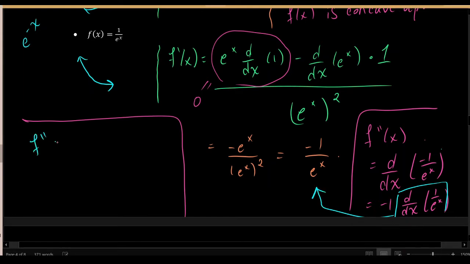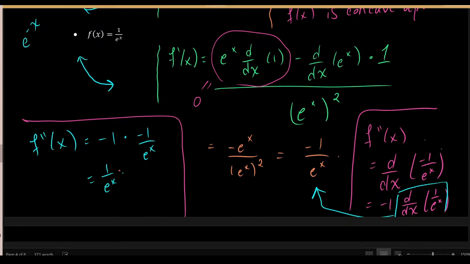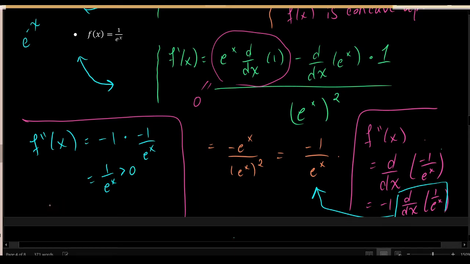So f double prime would be equal to minus 1 times negative 1 over e to the x. In other words, positive 1 over e to the x. Now 1 is a positive number, e to the x is a positive number, so this entire number is positive, and therefore in the final case, we would also say that f of x is concave up.